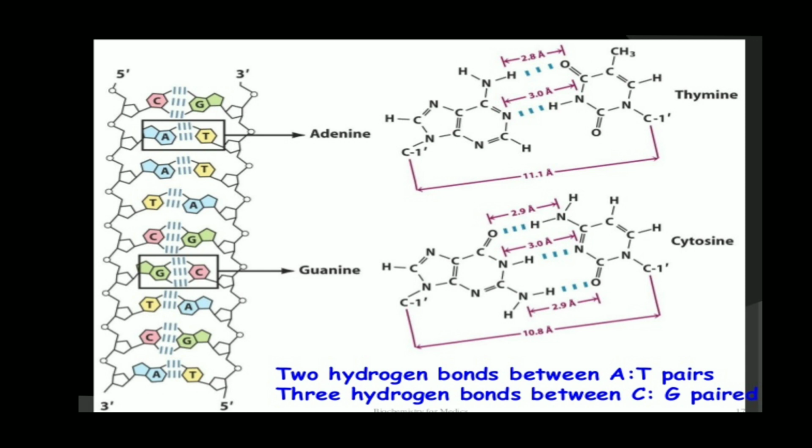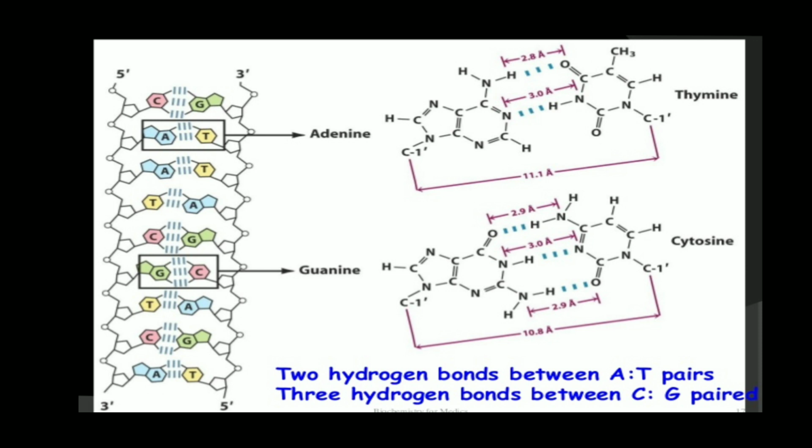You can see here the diameter or size of these structures. The adenine-thymine pair shows a broader length of 11.1 angstrom units. The linkage between guanine and cytosine, connected by three hydrogen bonds, shows a size of 10.8 angstrom units.